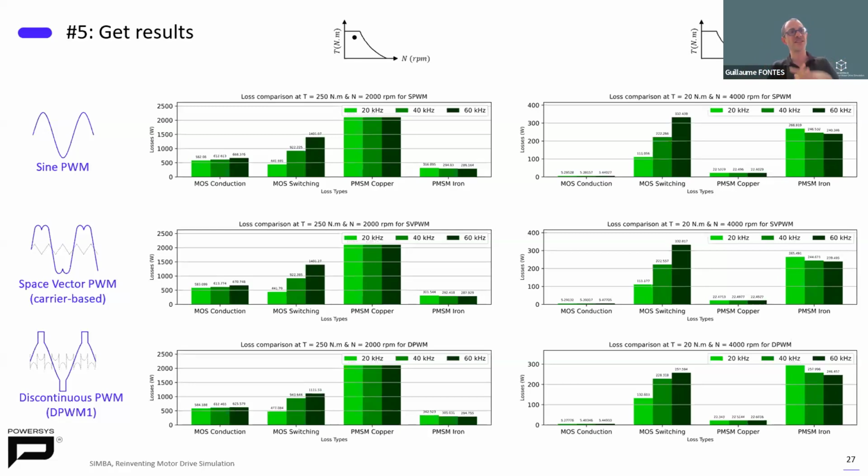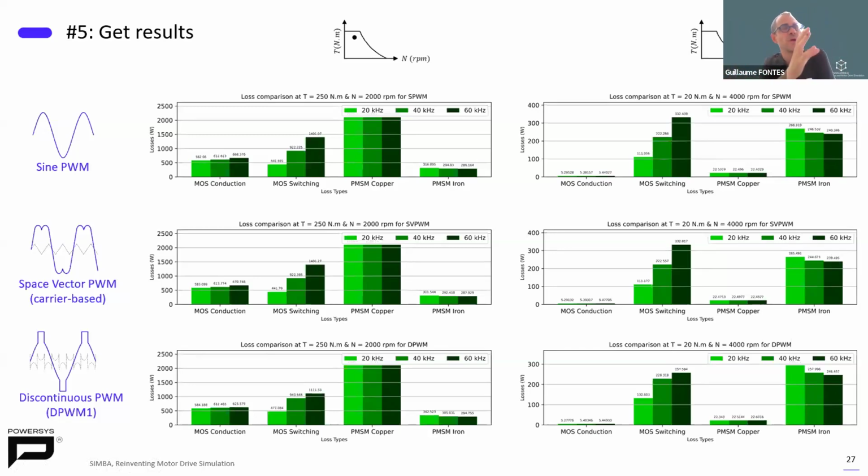Indeed, that's what we can see here: when the switching frequency increases, it will decrease the iron losses in the motor, as the current ripple through the motor at a high frequency will decrease, and thus will lead to a decrease of the iron losses.